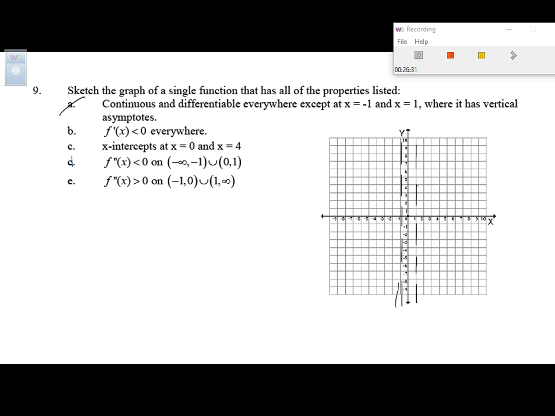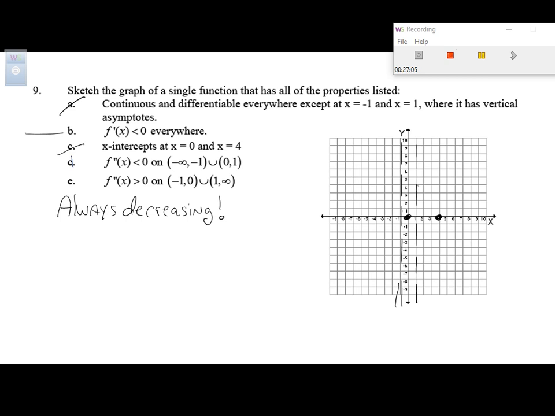Well, what's that mean? That means this graph is always decreasing. I'll try to take care of that here in a minute. It says we've got x-intercepts at 0 and 4. I can take care of that. I've got an x-intercept at 0, x-intercept at 4. So I've taken care of part C.